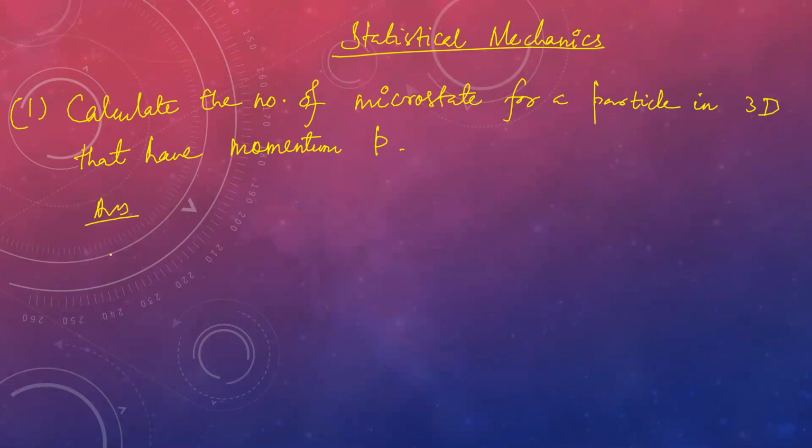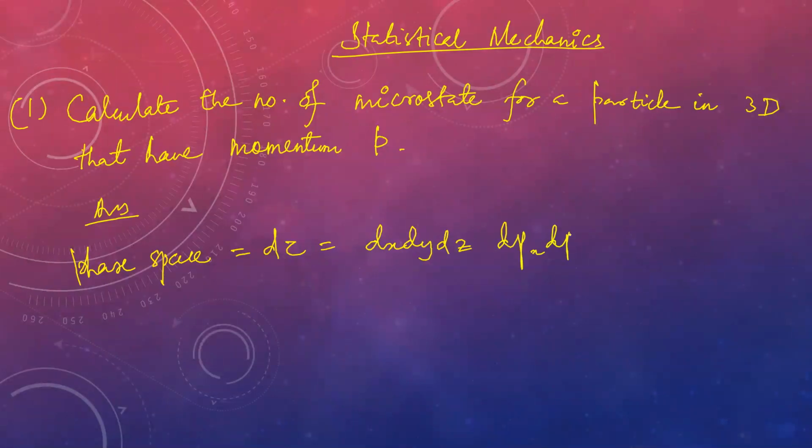All right, so what is phase space? First of all, this question is related to phase space. We know phase space is dτ = dx dy dz dpx dpy dpz. This is a space in position and momentum. Position has three coordinates x, y, z.